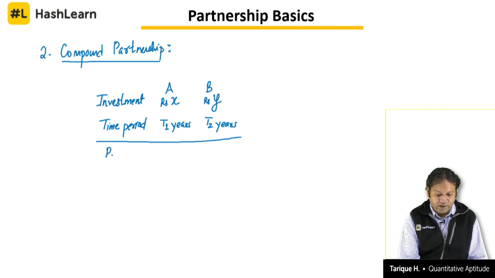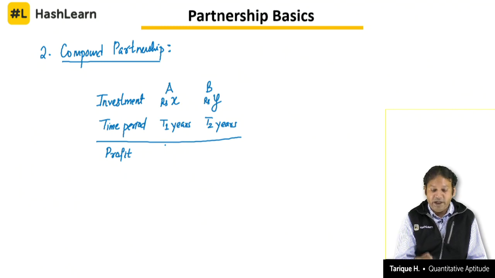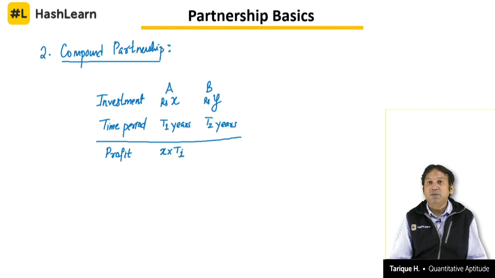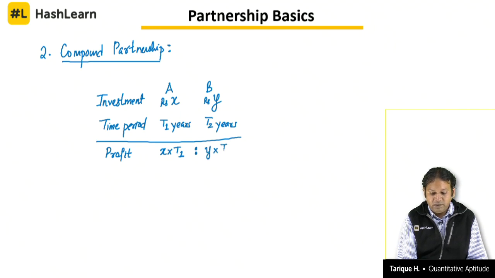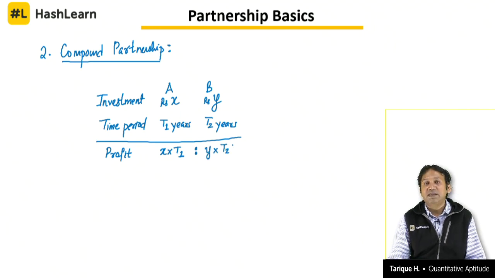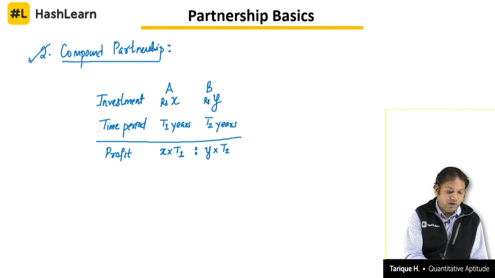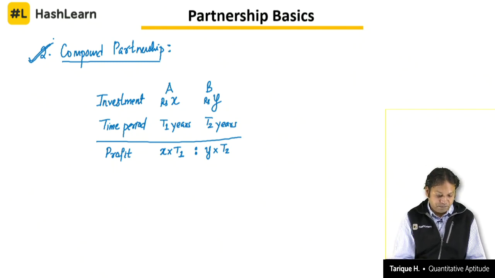We will say that profit will be distributed between the partners in the ratio obtained by multiplying investment and time: X into T1 is to Y into T2. We multiply the investment with the time for which the money has been invested. That is how we find the ratio in which the profit should be shared among the partners. Clear? That is the second concept about partnership, that is compound partnership.